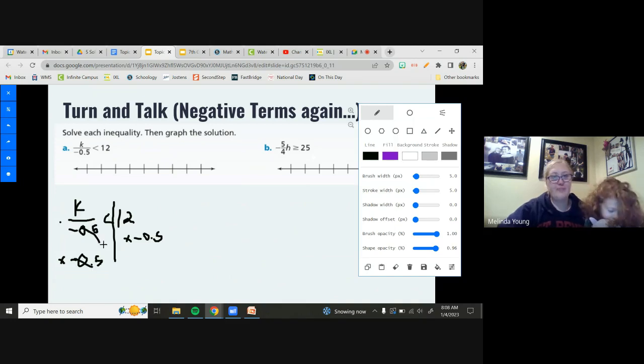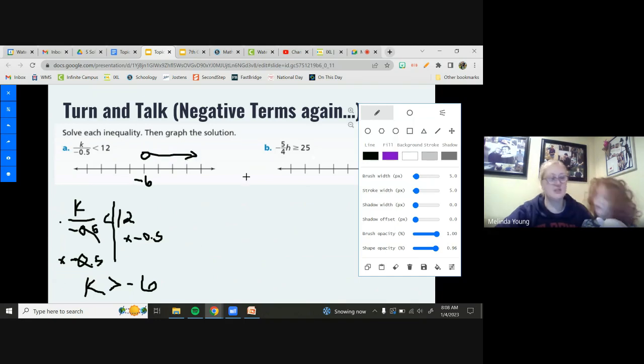Those go away. Because I'm multiplying by a negative number, my inequality sign is going to change. So instead of less than, now it is going to be greater than. And 12 times negative 0.5 is negative 6. On my number line, I'm going to put negative 6 right here. It is an open circle because there's no line underneath, and my arrow is going to the right because it is greater. You can try this example out on your own, and we'll go over it again when you're done.